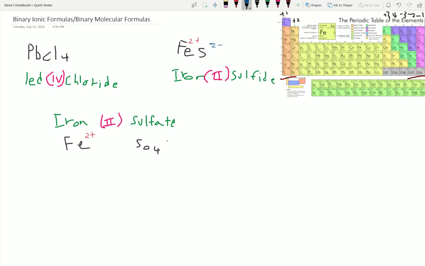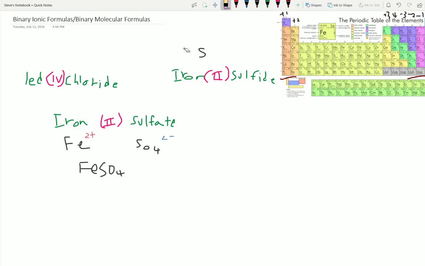SO4 then must have a charge of 2 minus, because they are both 2. When we write them out into the formula, we do not write 2. We just end up with FeSO4.